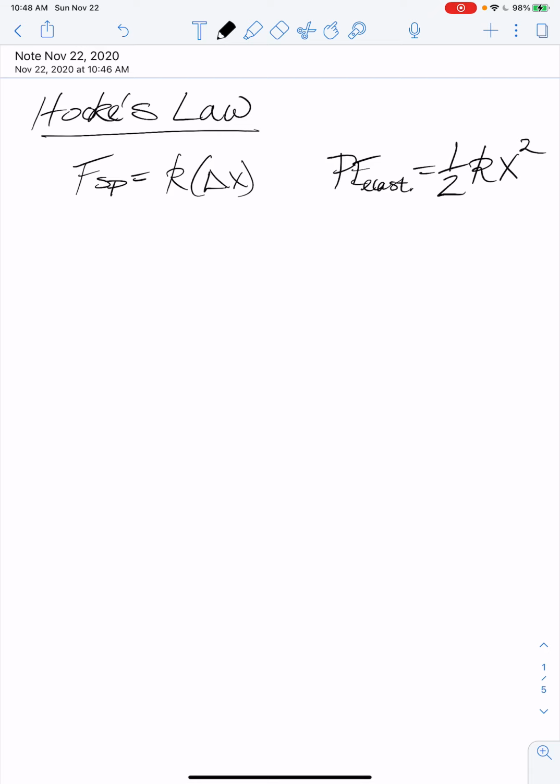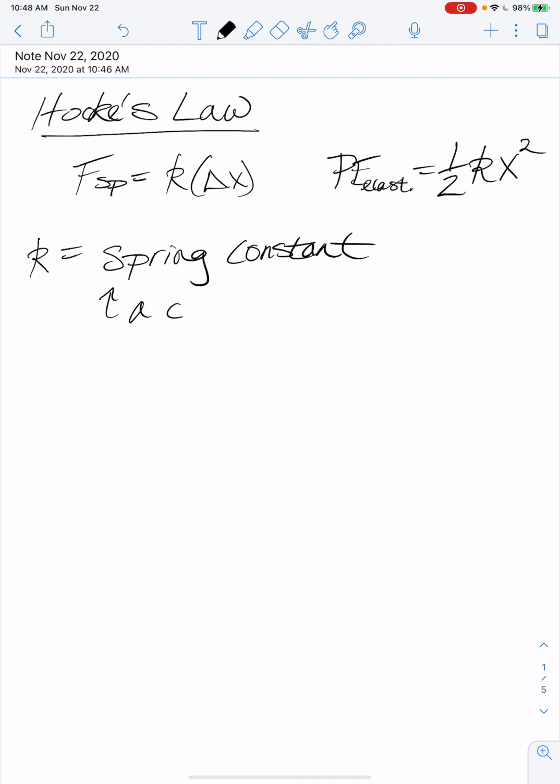Okay, so what we're dealing with here is something called K, right? And lowercase k is the spring constant. It is a characteristic of a spring.